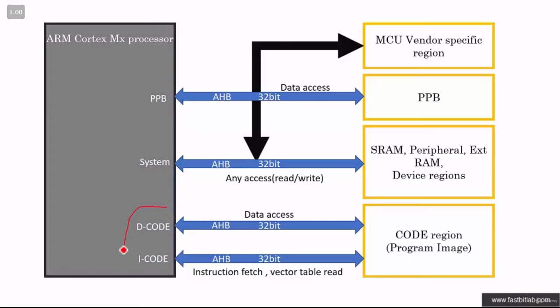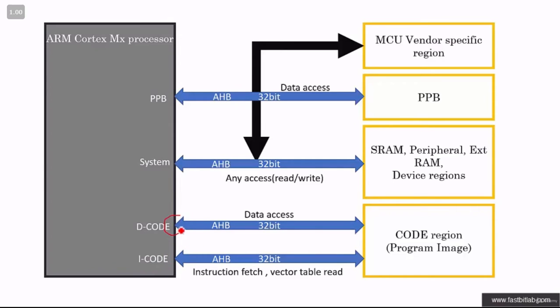If you check this part here, the processor gives out 2 AHB interfaces to access the code region. First interface is called I-code, and this is D-code. On the I-code bus, the processor fetches the instructions and vector table from the code memory.